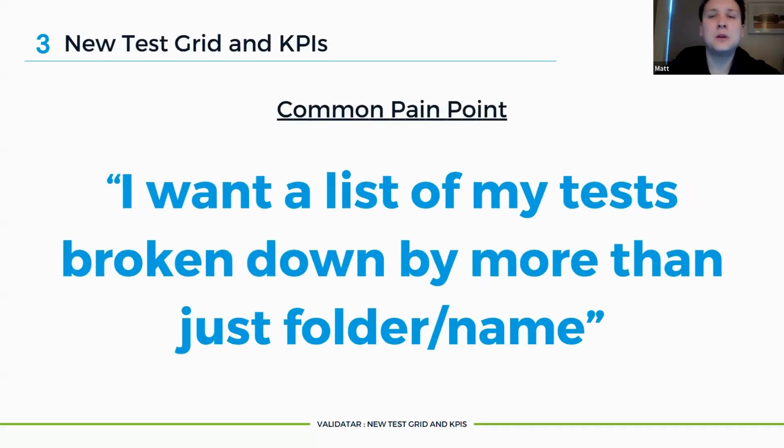And then similarly, we've definitely seen that as we've added more capabilities around capturing the severity or the quality dimensions of tests, as well as things like the custom fields that are being set on them or the data sources that are associated with them, people want to be able to list out their tests broken down by more than just the folder and the name.